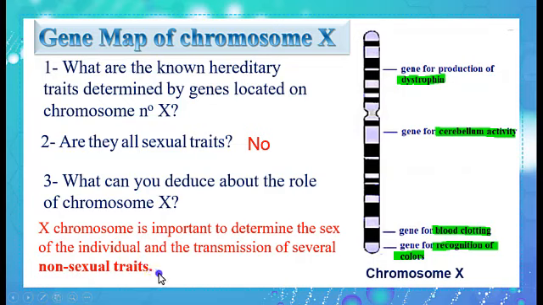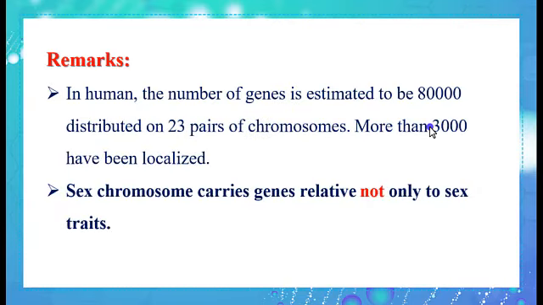This means that in addition to determining the sex of the individual, chromosome X carries non-sexual traits. Remarks. In humans, the number of genes is estimated to be 80,000. These are distributed on the 23 pairs of chromosomes. It means that more than 3,000 genes have been localized on a chromosome. Also, sex chromosomes carry genes relative not only to sex traits.